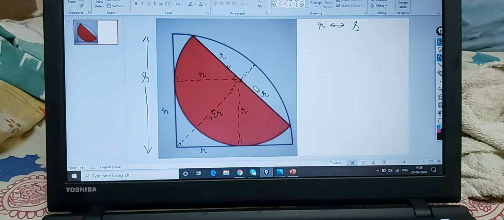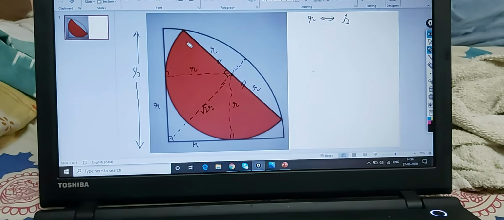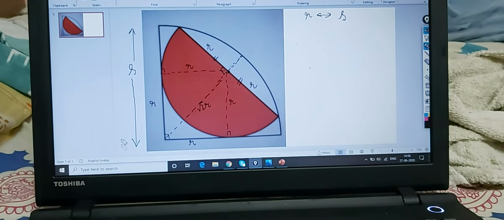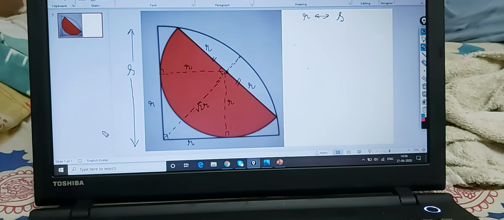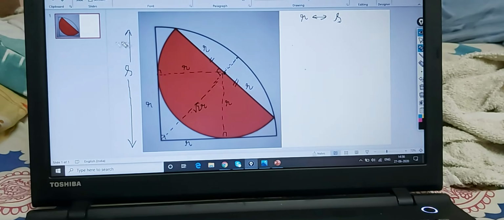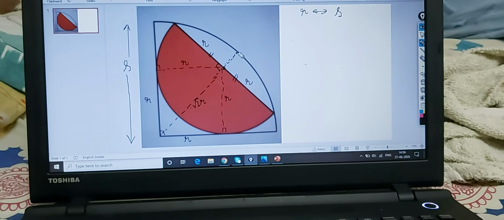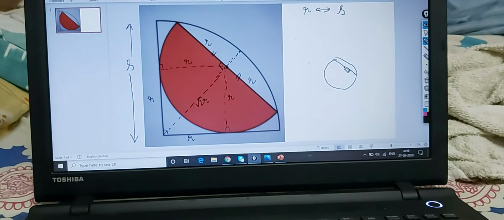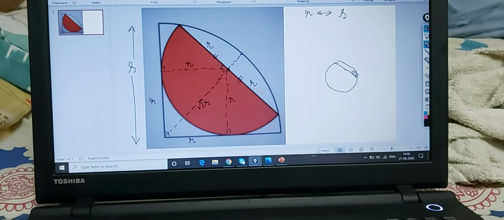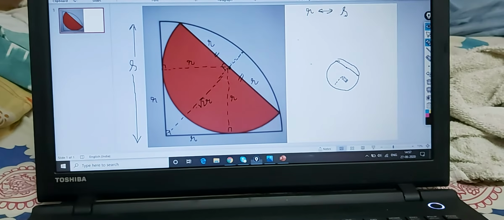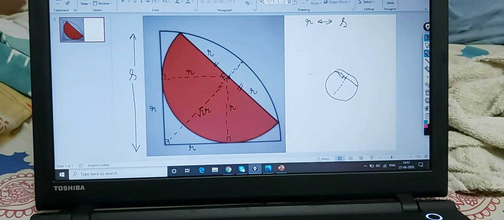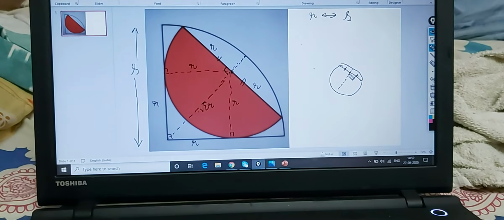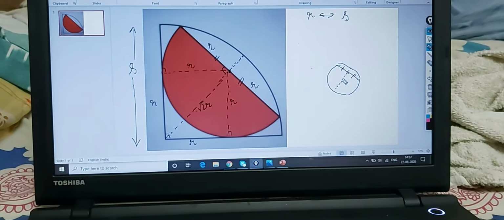So why is this a perpendicular bisector? So let's observe this carefully. For the bigger circle, there is no bigger circle here, but just imagine there is a bigger circle here. I'll just show you in a figure here. Suppose this is a circle, this is a chord, and suppose a line bisects this chord. If there is a random line and if it bisects this chord, then by corollary, it has to pass through the center of this circle.